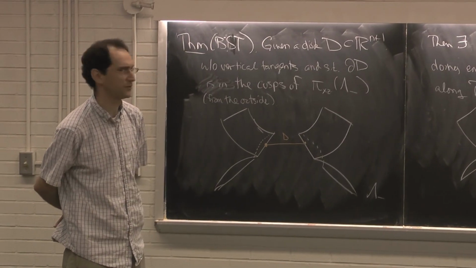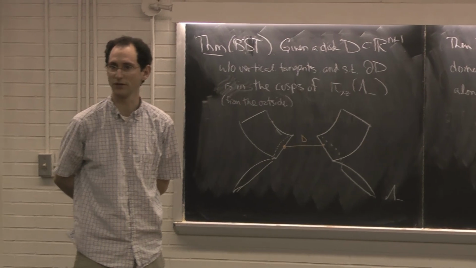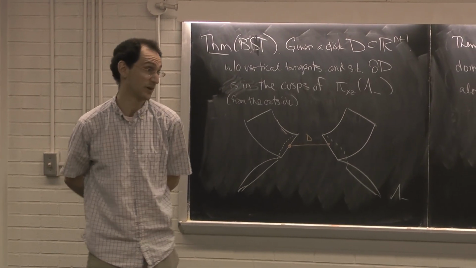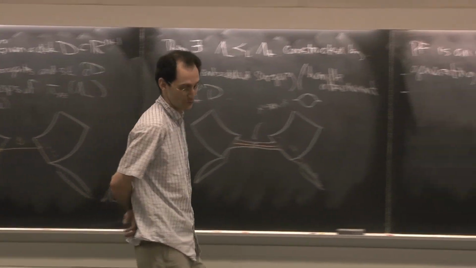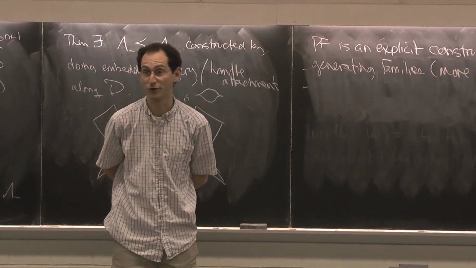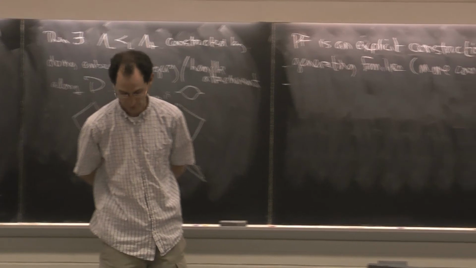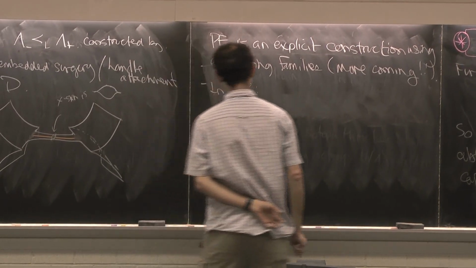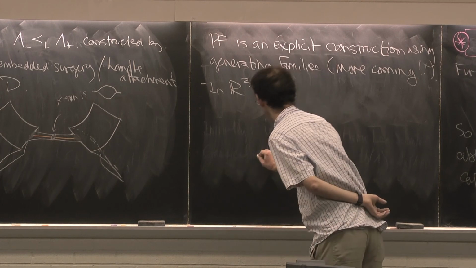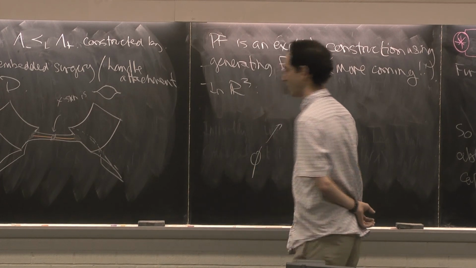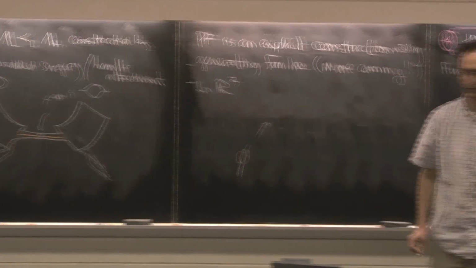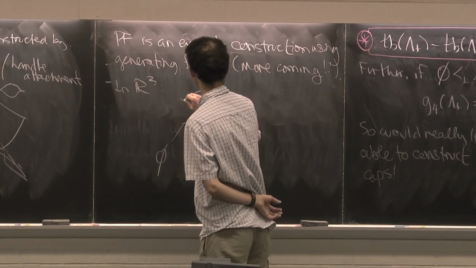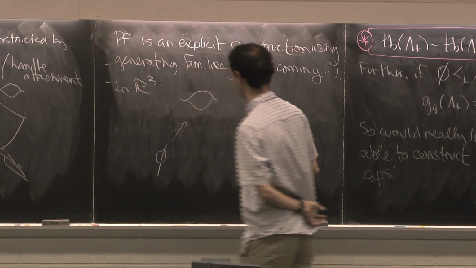Okay, so let's see some consequences of this just for knots in 3 dimensions for a moment. So using the surgery construction, I can construct the following 2 cobordisms for knots in 3 dimensions. Well, one thing I can do is start with nothing and attach a 0-handle, and hey, look, I can make an unknot here.